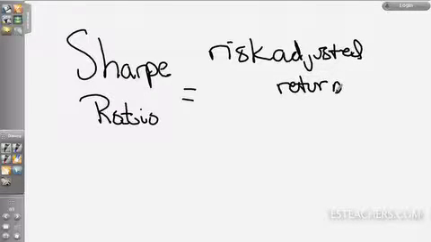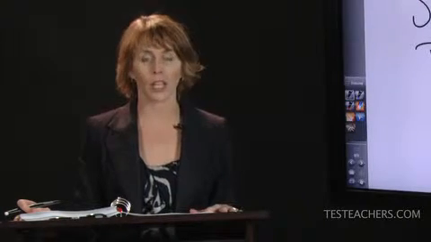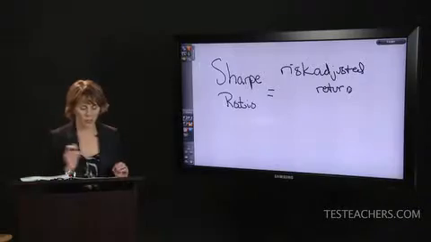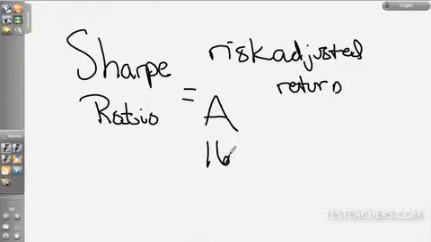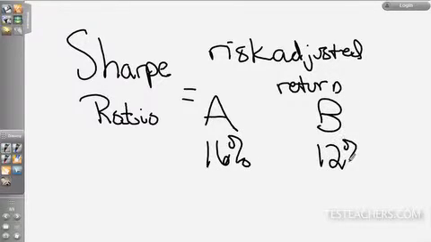If I give you 2 portfolios and we're trying to decide which one's better for our customer, the rate of return for portfolio A is 16% and the return for portfolio B is 12%. Which one would you rather have? Oh, A. Everybody would rather have A, right?